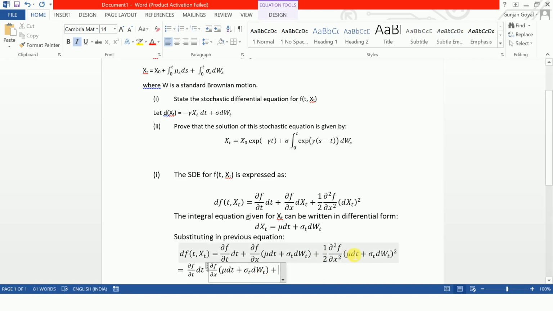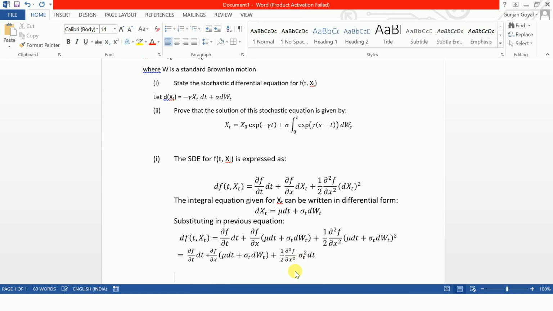I know that (mu dt) square becomes 0. Only dW_t square gives me dt, so I'll be left with half of this value times sigma square. I'll just copy sigma_t from here, I'm just copy pasting. You want a square also, so just write to the power 2 and then you write dt.